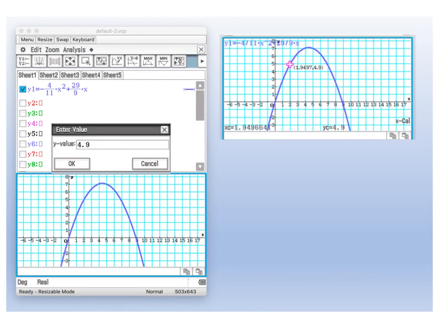And finally, when you are asked to work out whether the bars will fit in, what you need to do is again use analysis, x-calc or y-calc. What you want in this case is the x-calc, because you want to see whether the bars can fit.